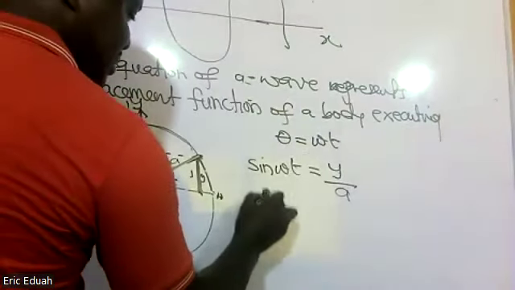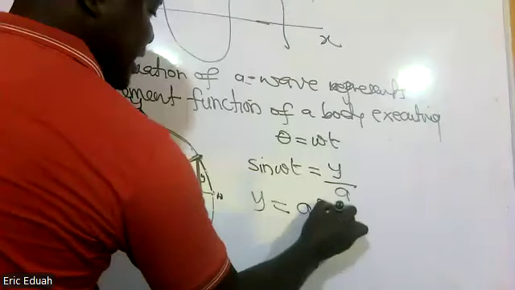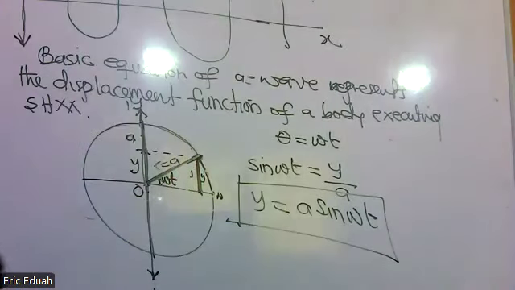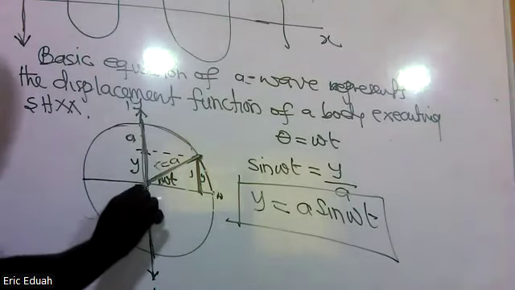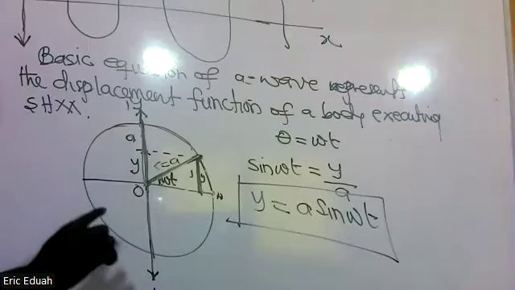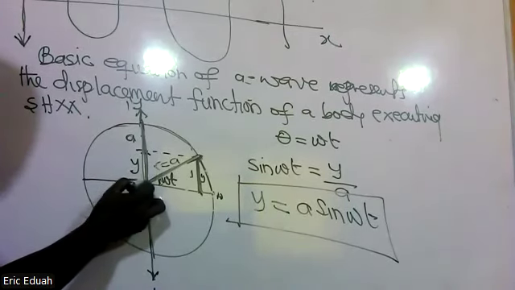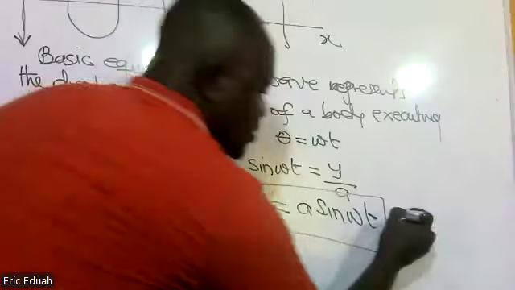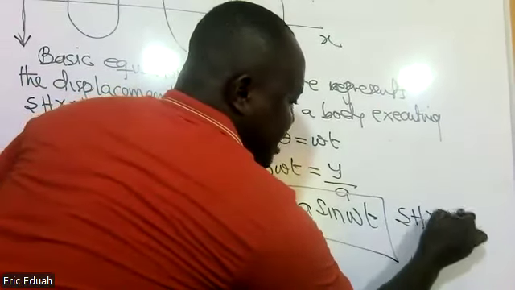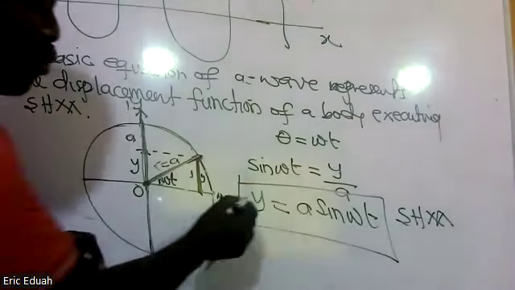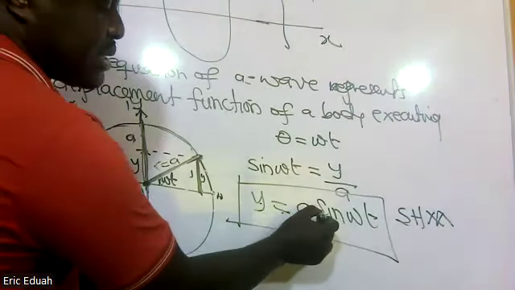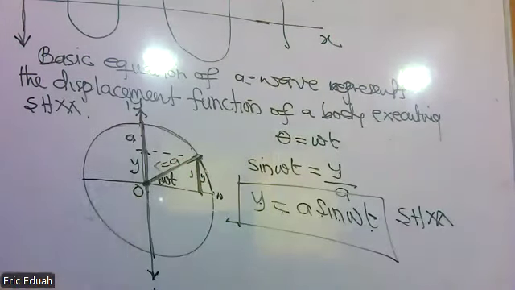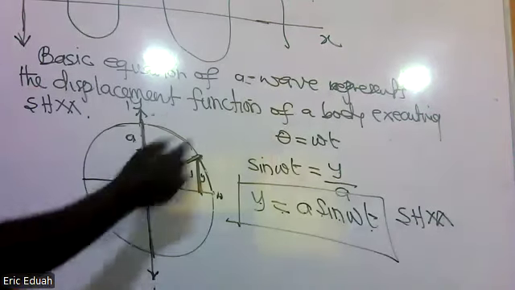So making y the subject, y is equal to A sine omega t, which gives us the displacement equation of a particle y executing simple harmonic motion starting from the origin or the mean point O. So the basic displacement equation of a body executing SHM is given by y is equal to A sine omega t, when the body is oscillating vertically.